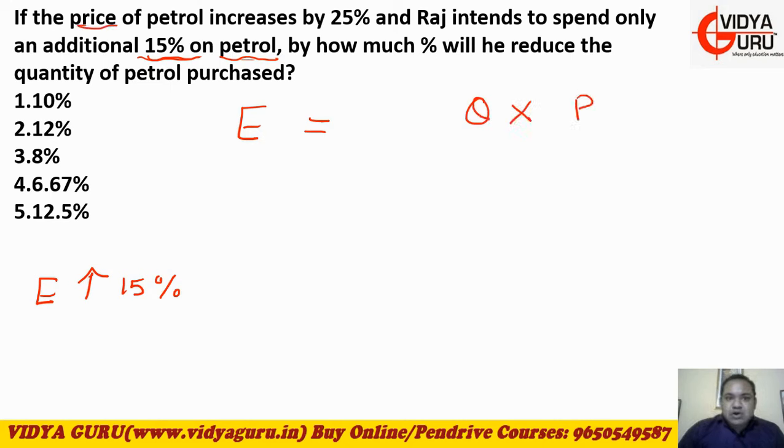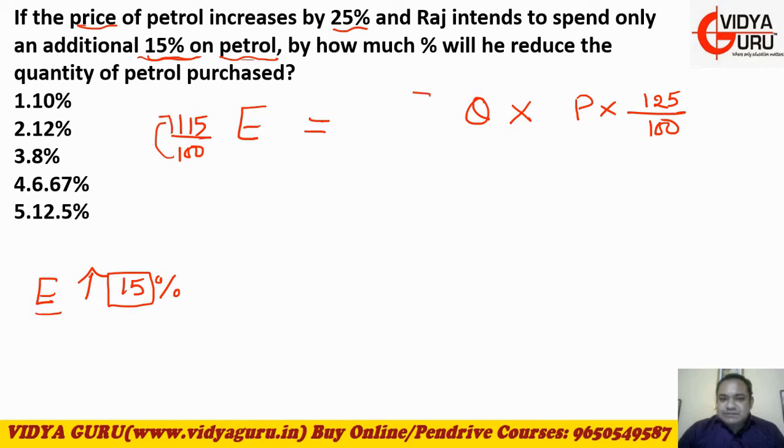Price has gone up by 25%. So price have already been multiplied by this much. What do we know? We know that expenditure has also gone up by this much. So we know that the final effect was this much. So we have to simply find out what fraction this is. We have to simply determine this fraction.